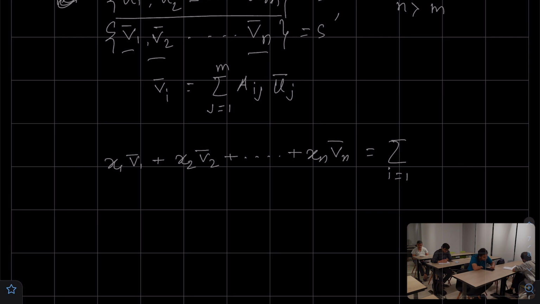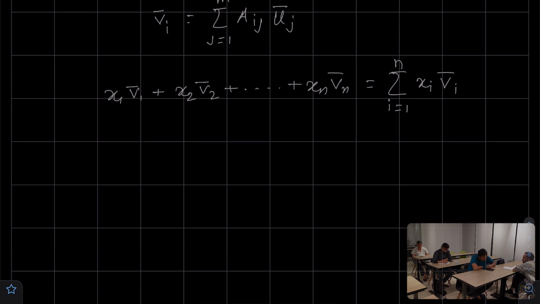So now what I can do is take the summation on the left hand side: x1 v1 plus x2 v2 plus xn vn is equal to the summation of i equals 1 to n of xi vi, right?